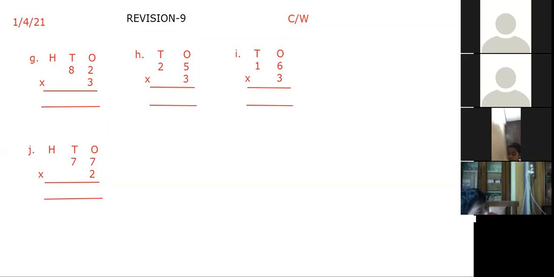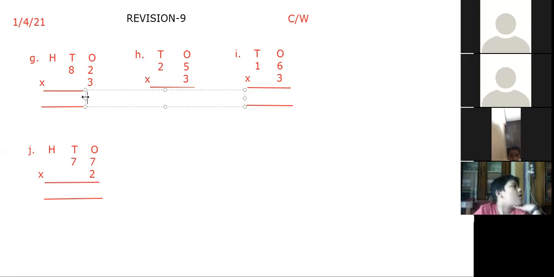Pathan, please unmute yourself and read bit G. 82 multiplied by 3. So, which table? 3 table.